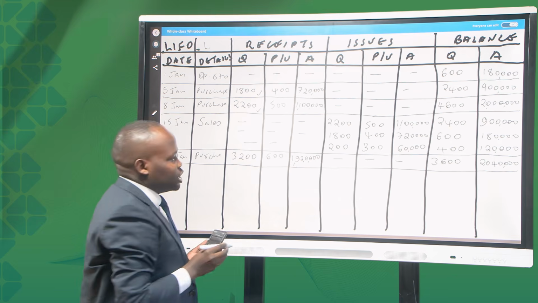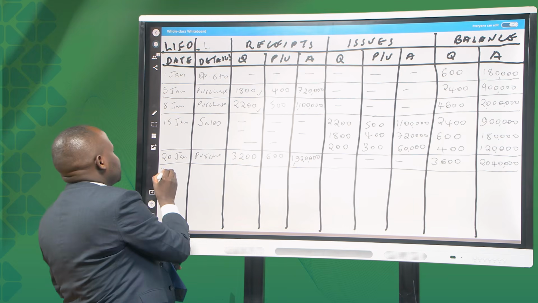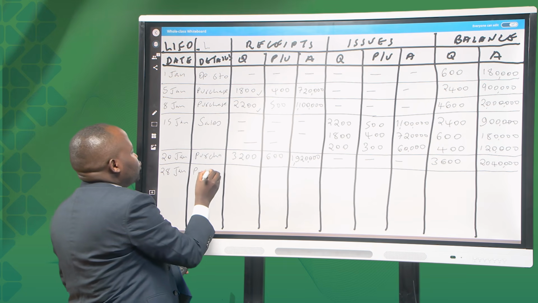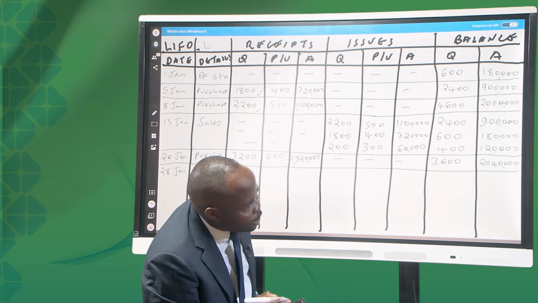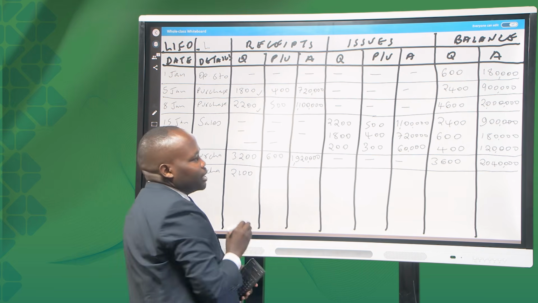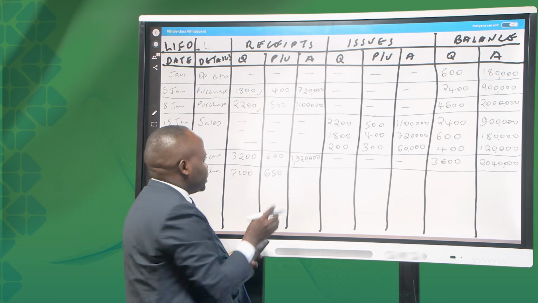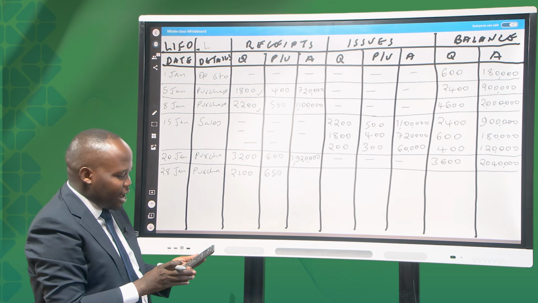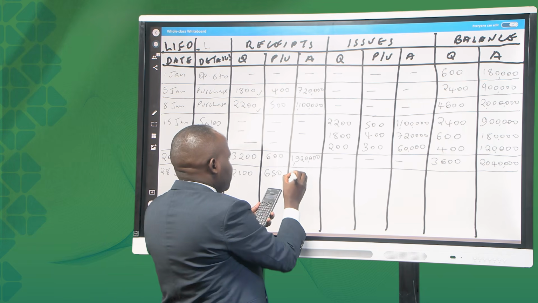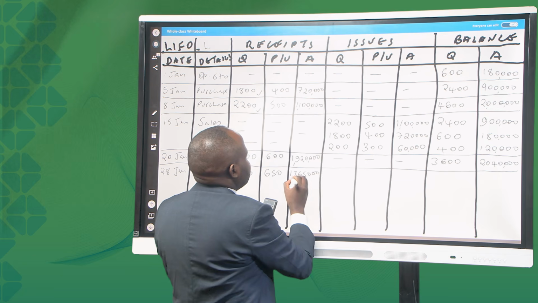The next date is 28th January. Again, we purchased. We purchased what quantity? 2,100 at a price of 650. So 2,100 times 650 gives you 1,365,000.